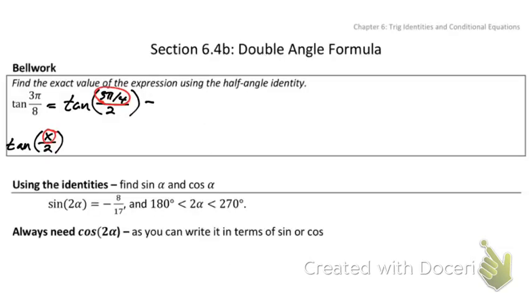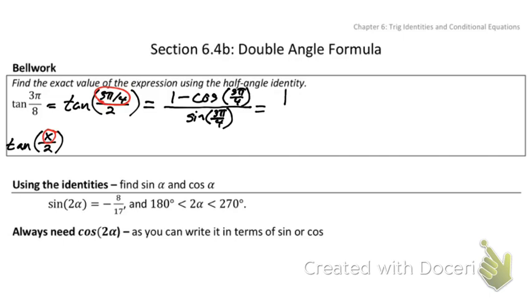So we're going to say this equals 1 minus cosine, and it's what that big red thing I circled is. So that's 3 pi over 4 all over sine of 3 pi over 4.